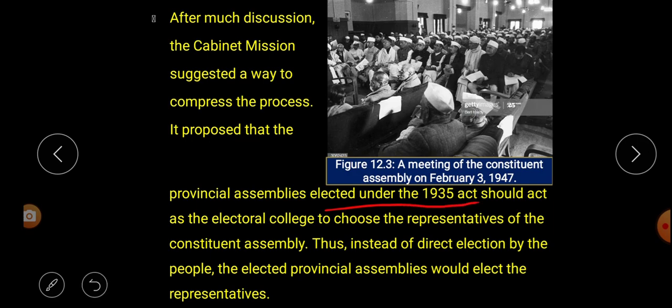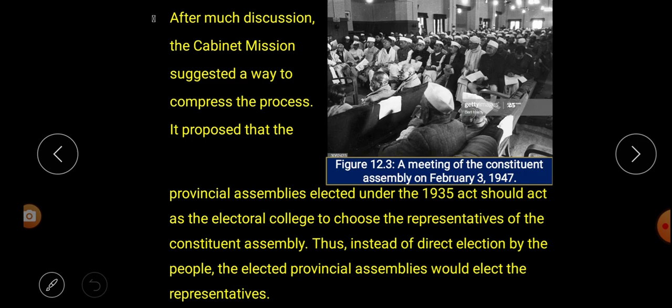Listen carefully, what did it propose? The cabinet mission proposed that provincial assemblies elected under the 1935 Act should act as the electoral college to choose the representatives of the Constituent Assembly. That means the provincial assemblies elected under the Act of 1935 should choose the representatives.